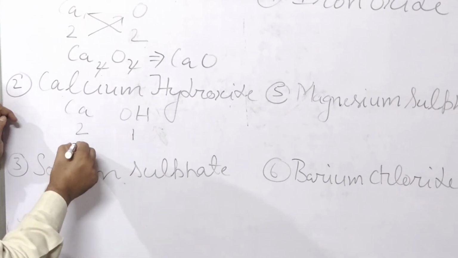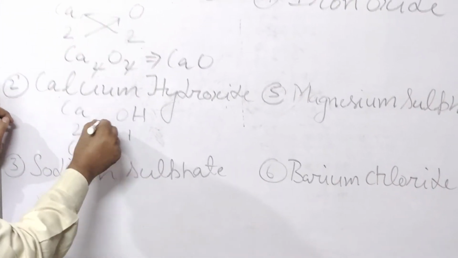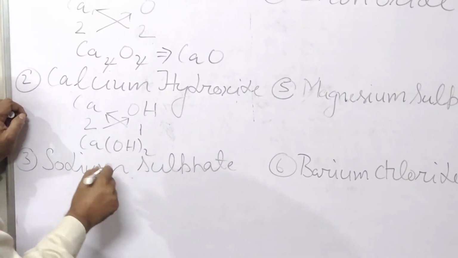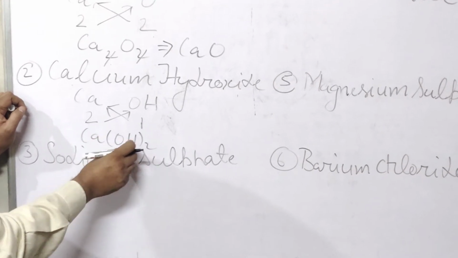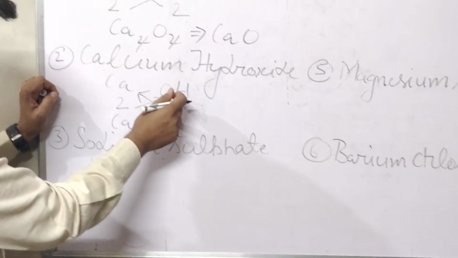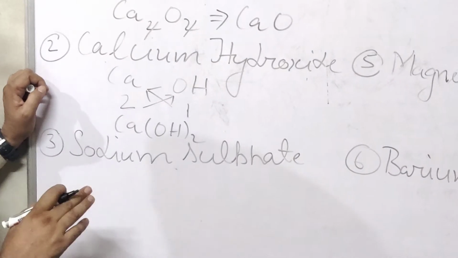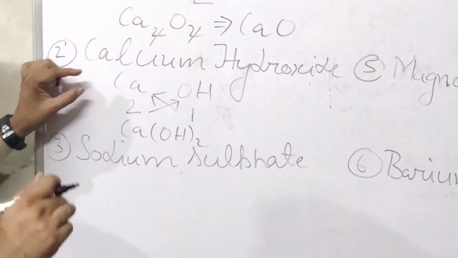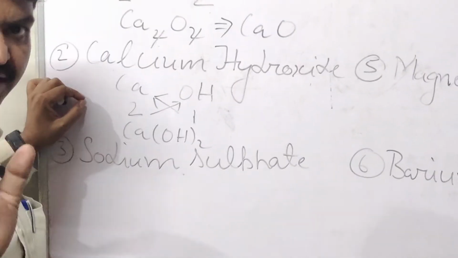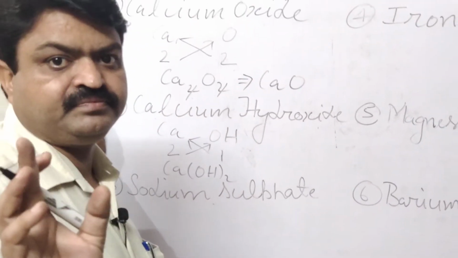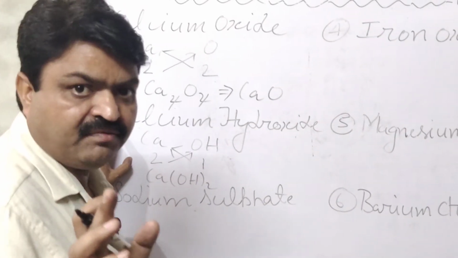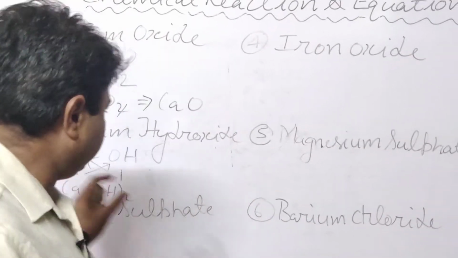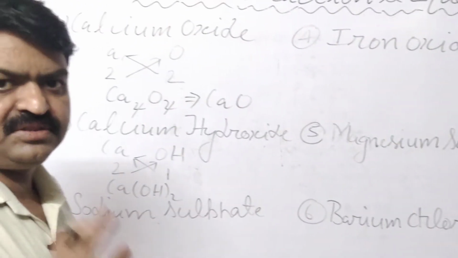So now we interchange it and the formula that you will get in this will be Ca(OH)2. In this, OH is a polyatomic ion, and it is the formula of calcium hydroxide, Ca(OH)2. It is also known as slaked lime or lime water. So lime water and slaked lime are the general names of this chemical substance.